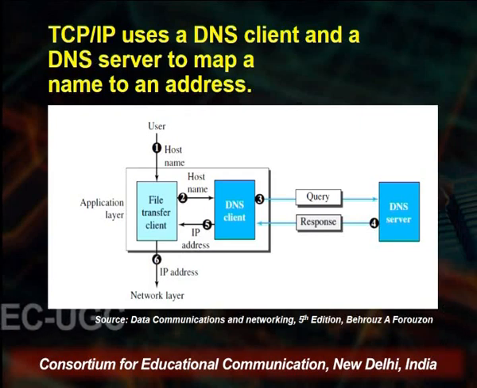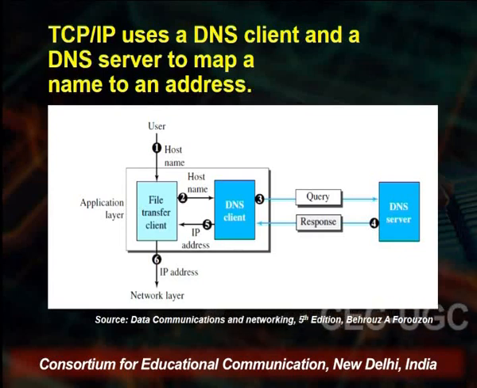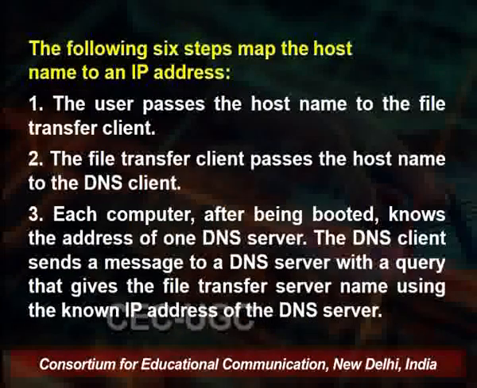So the file transfer client which requested with the host name gets a response in the form of the IP address. This IP address is then used for actually transferring the file. At the network layer, what will be used is the IP address.